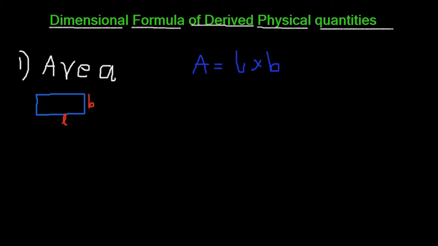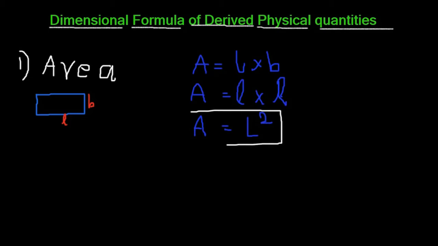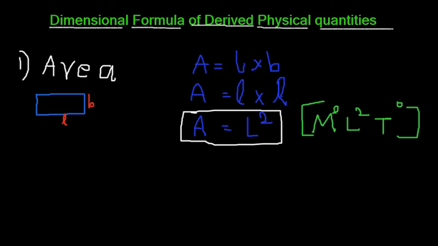Breadth is also a kind of length, so A is equal to L times L, that is A is equal to L square. So this is our dimensional formula for area. If you represent it in MLT form, you will get M power 0 L square T power 0.